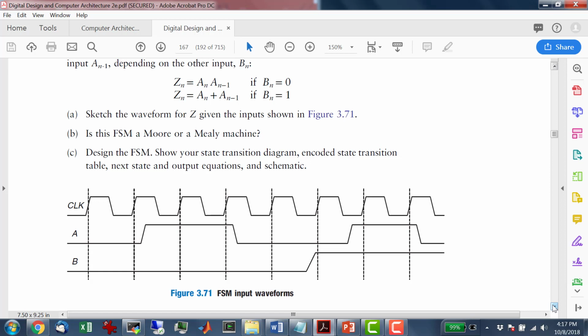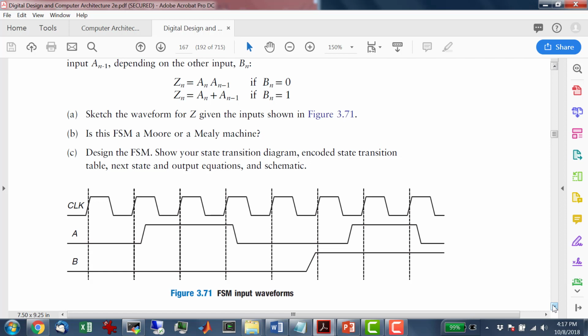In order to make this more clear, notice how A changes a little bit off from the rising edge of the clock. So in that sense, your current state is going to transition.